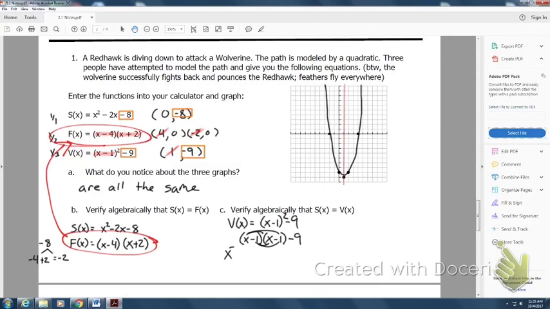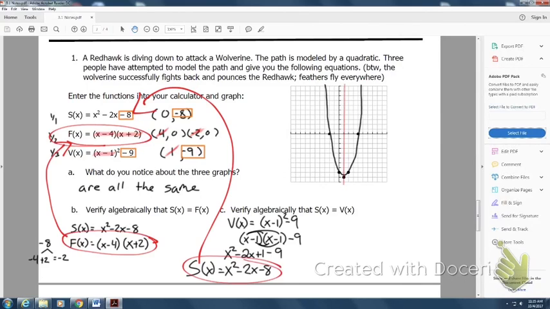So I've got x squared minus 2x plus 1 minus 9. After I FOIL or do box method, that's what I end up with. And then I would do 1 minus 9 to get that. Is that the standard form from the original problem? Yes, that is the same as that.